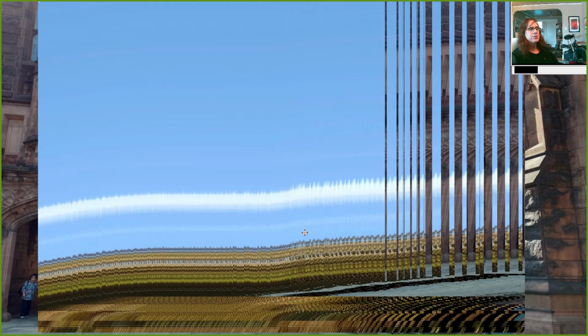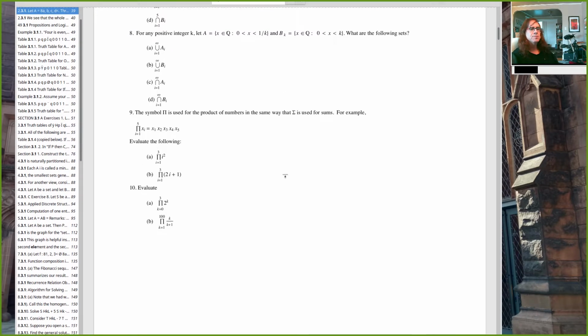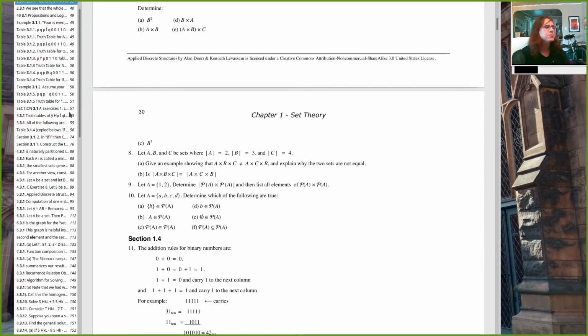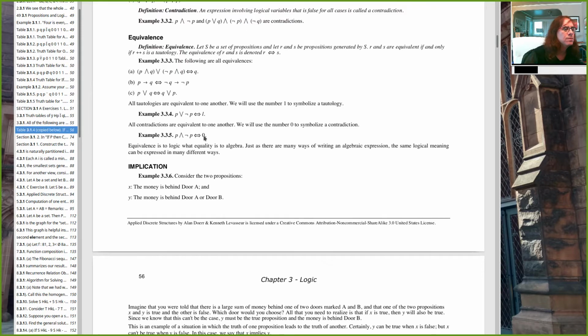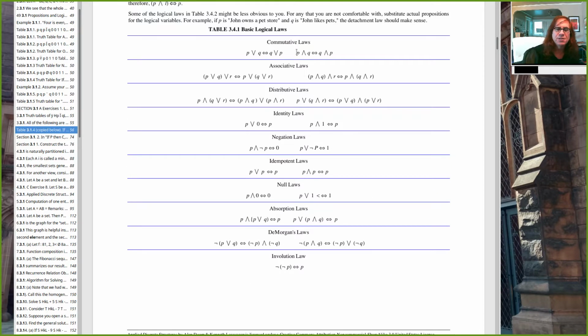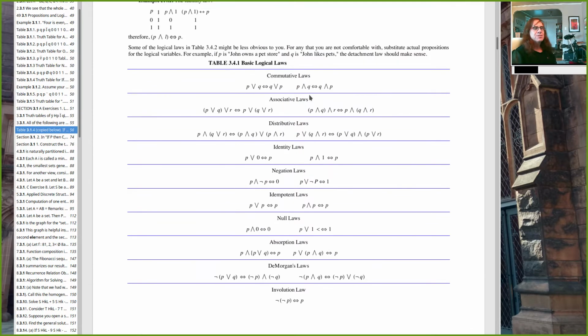And in your textbook, page 58, 59, is a good go-to. So here's these basic identities, and here's these implications, and we'll talk about implications next. But let's still just work with the level of these basic identities, commutativity, associativity, and so on.